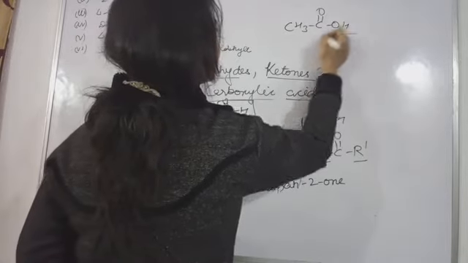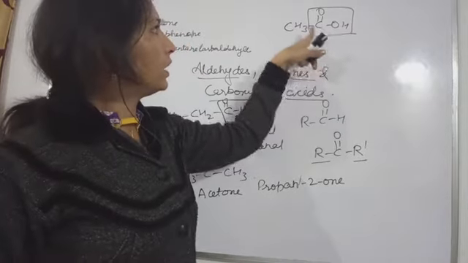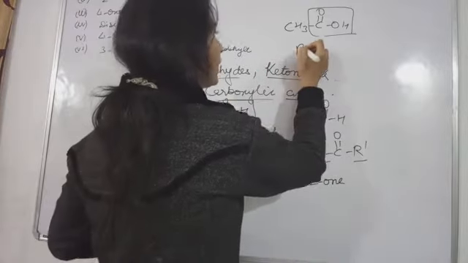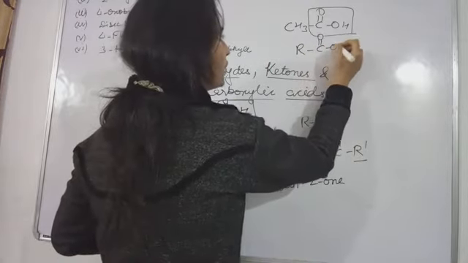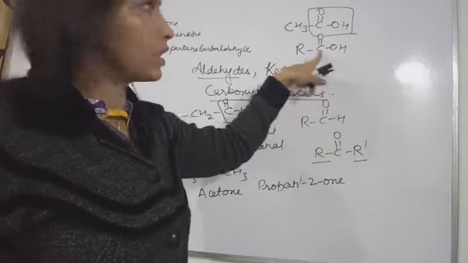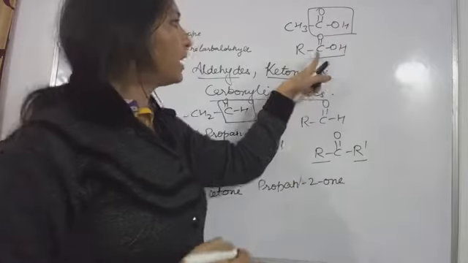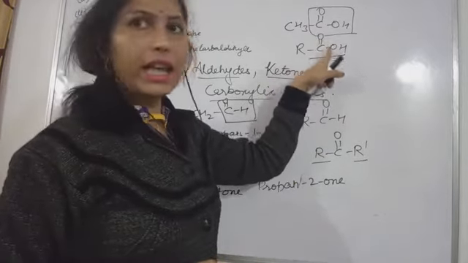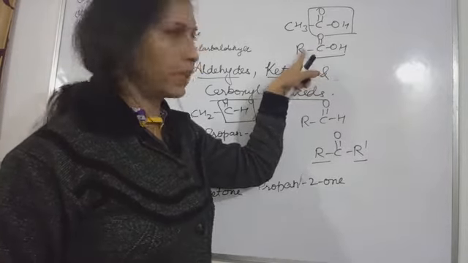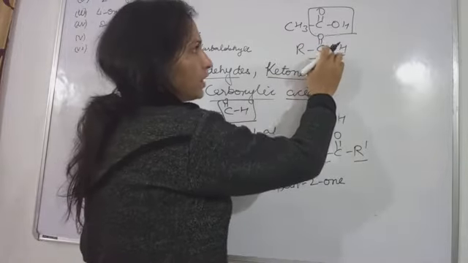This is the carboxylic group, present with the alkyl group. The general formula of a carboxylic acid is RCOOH, with C double bond O and OH. This is the terminal carbon, because three bonds are already engaged with the functional group. Only one hand is free, and that gets attached to the parent chain.